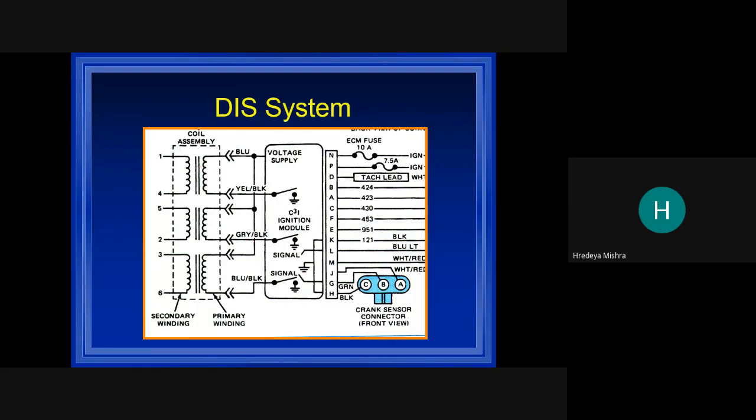Here the coil assembly is there: one, two, three coil assemblies, and this is our crank sensor, front view, primary winding and secondary winding, and this is the electric circuit. These are the electric circuits for the DIS system.